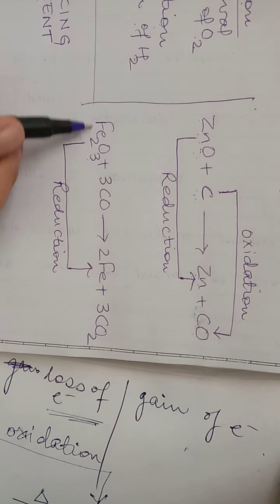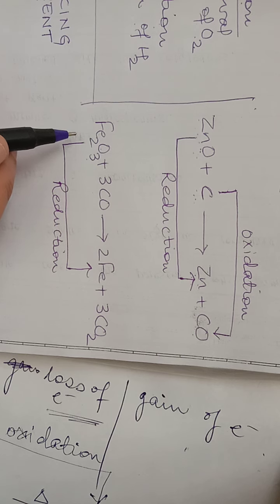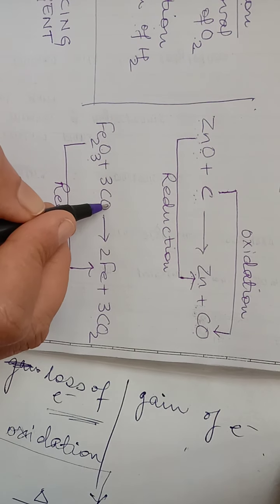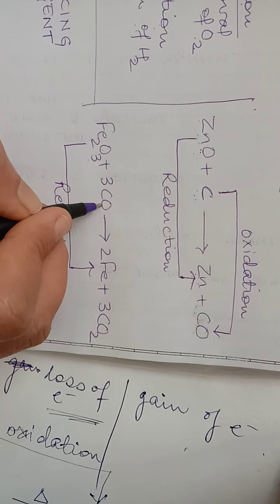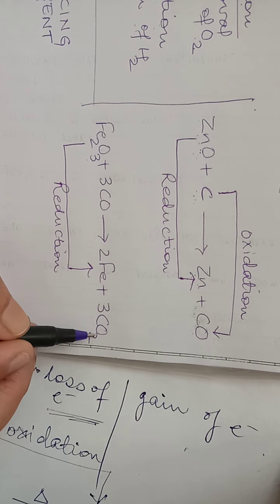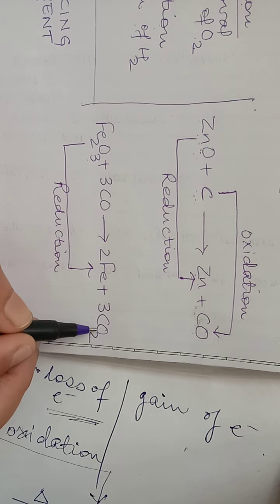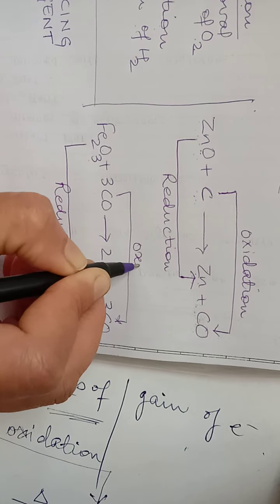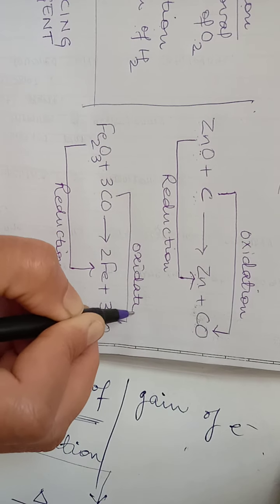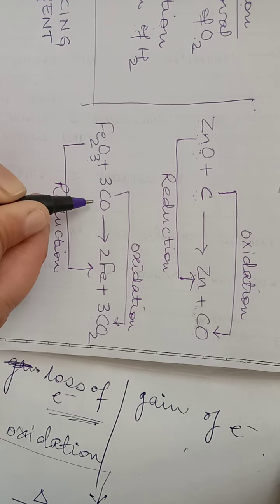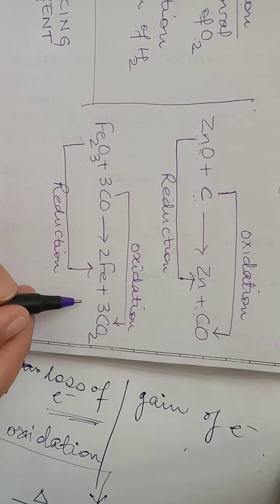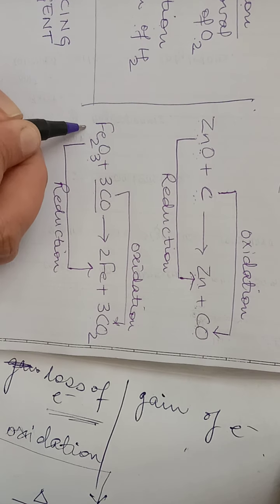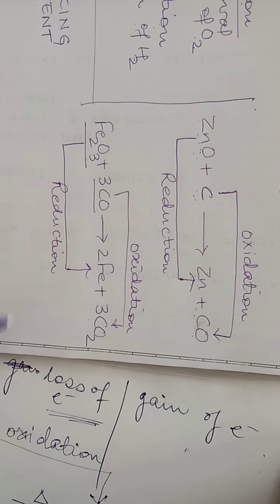So Fe2O3 is the substance which has been reduced. In CO there was one oxygen atom, but there is addition of one more oxygen atom, so we call it oxidation. CO has been oxidized. So the substance oxidized is CO, and the substance reduced is Fe2O3.